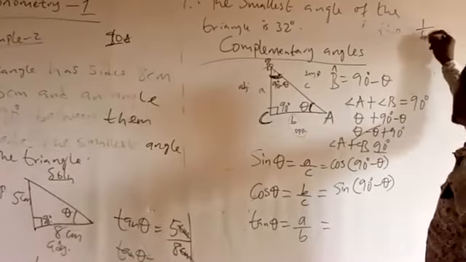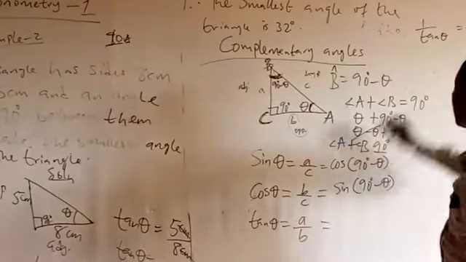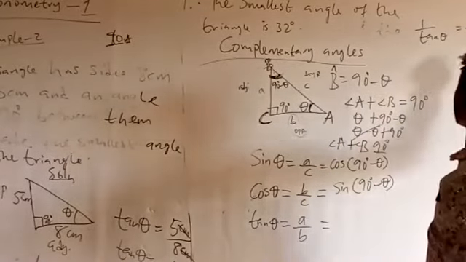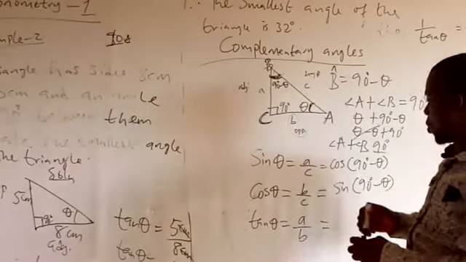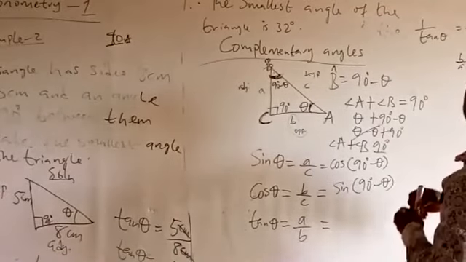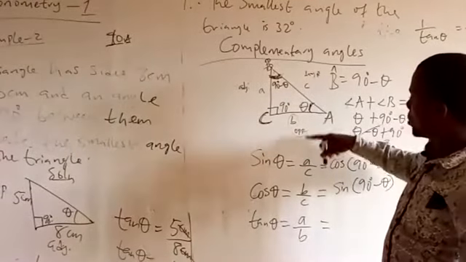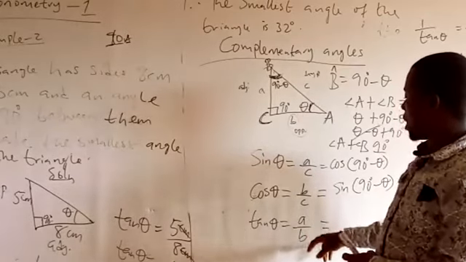Inverse means 1 over tan theta, which is A over B. By the time you solve it, you will get B over A. So tan means opposite over adjacent.